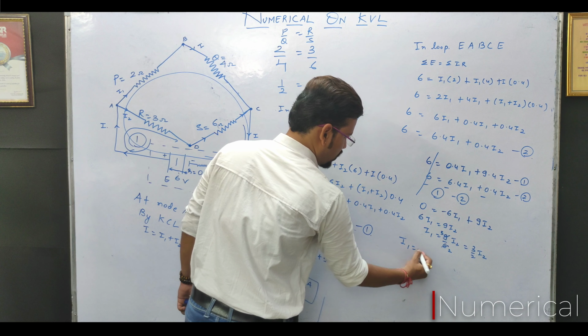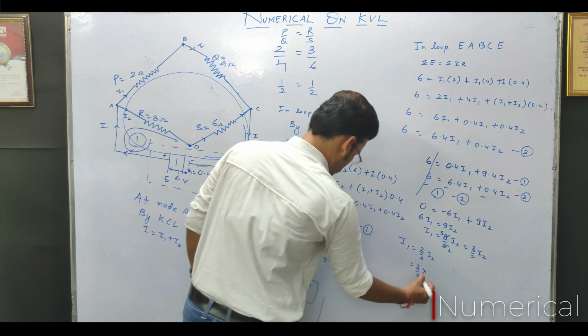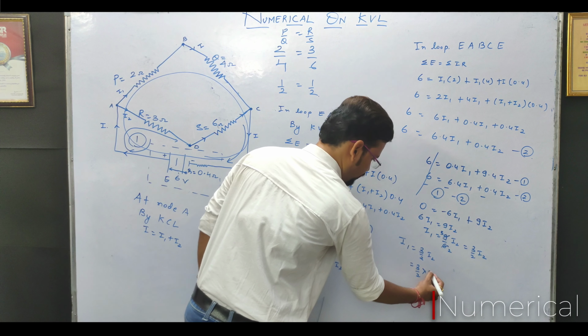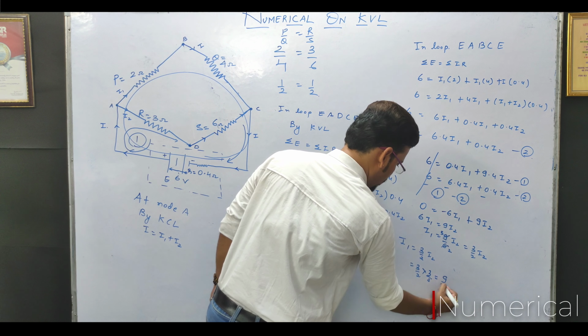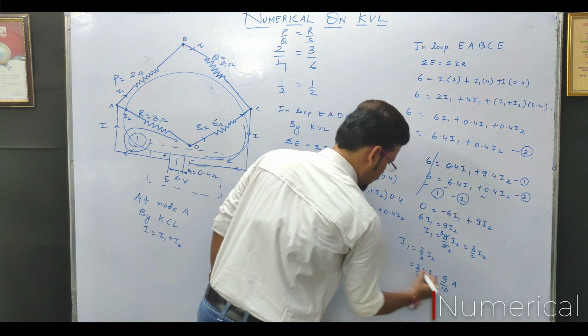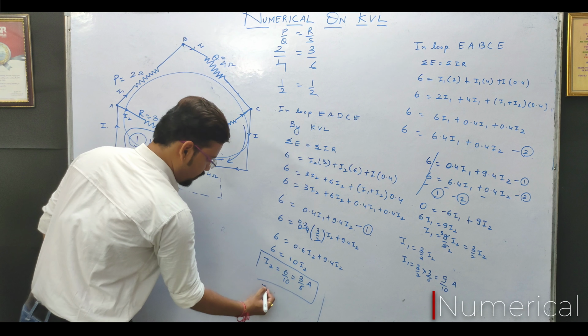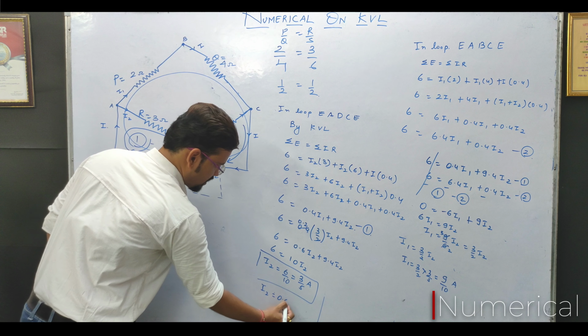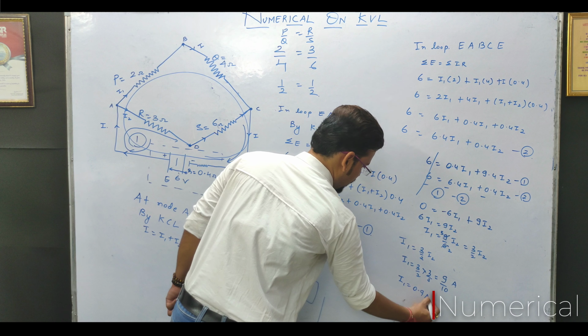I1 from here will be equal to 3 by 2 of I2. So 3 by 2 into 3 upon 5 will become 9 upon 10 ampere. We can convert it to decimal. I2 will be equal to 0.6 ampere. I1 will be equal to 0.9 ampere.